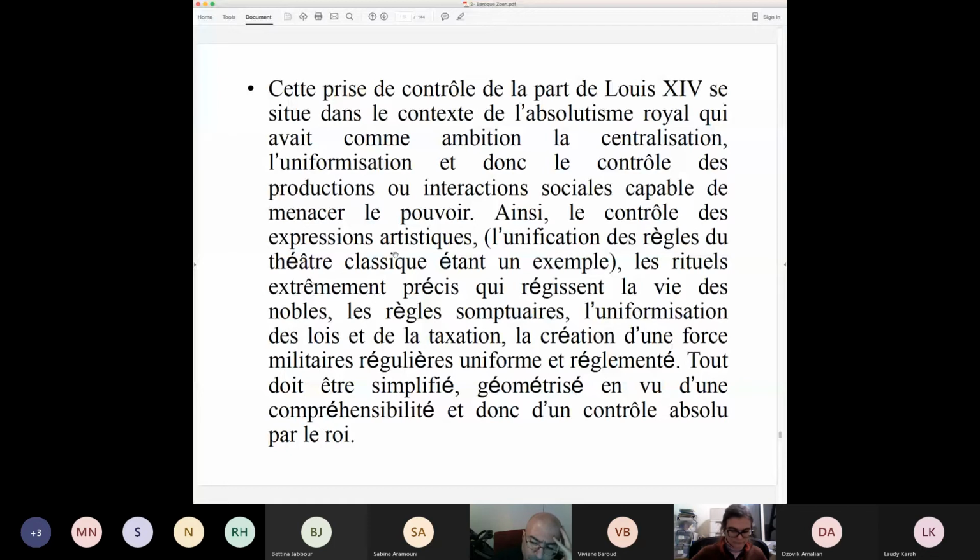For instance, Louis the XIVth was among the first, if not the first in Europe, who standardized the uniforms of his army, standardized their weaponry. But he also attempted to standardize taxation. He attempted to standardize things such as theater, based on Aristotle's Poetics.